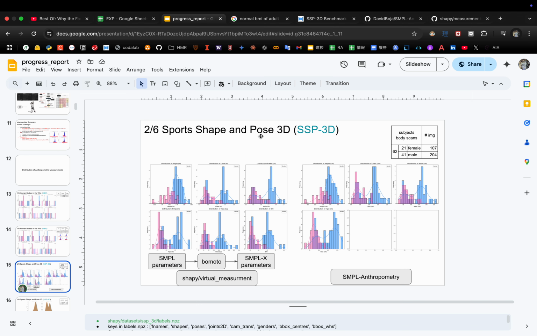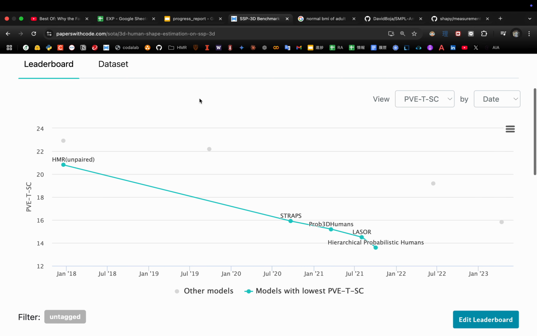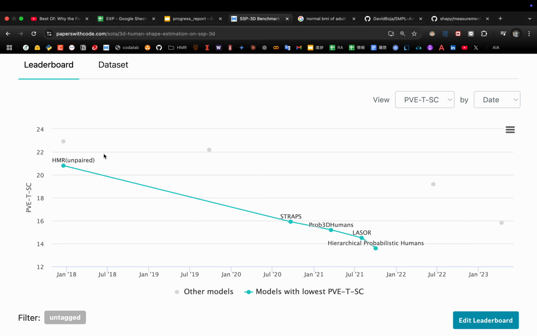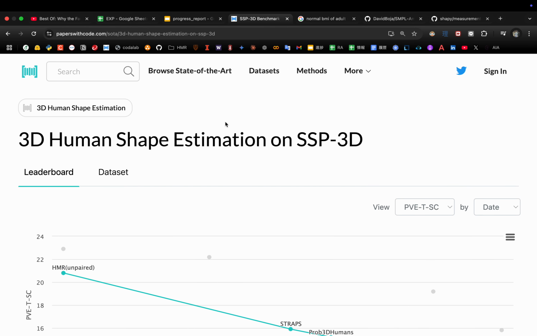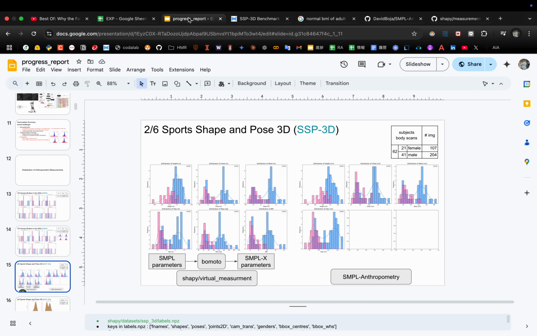And the second data set, which most models were evaluated on, is called SSP-3D, which is sport, shape, and pose 3D. And let's see.